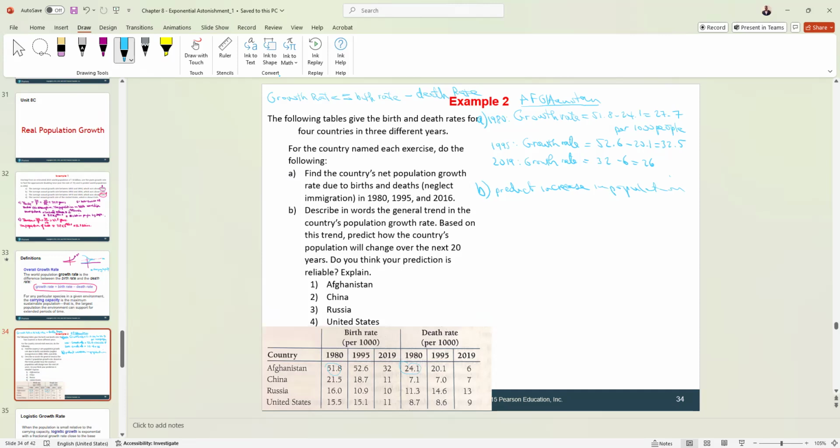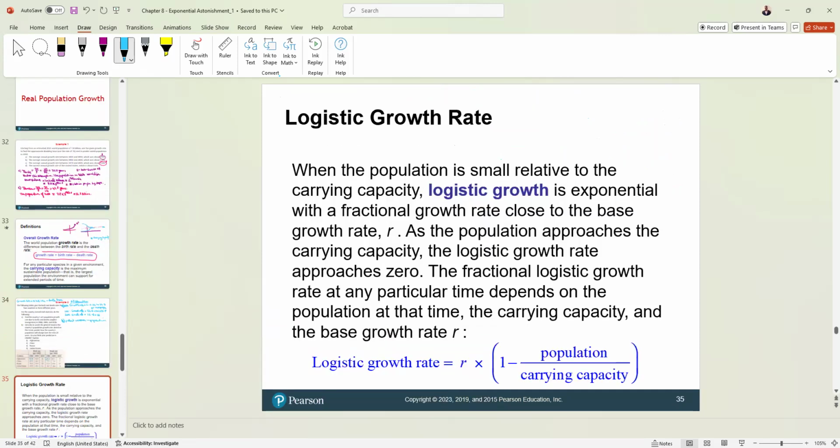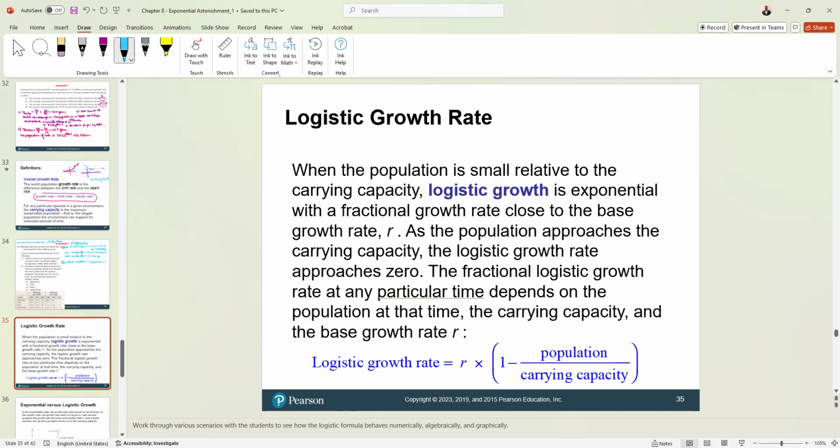Because our next topic would definitely be logistic growth rates. That's something you need to pay attention to from now on, as we will continue studying logistic equations through differential equations, sometimes after a few other math courses.